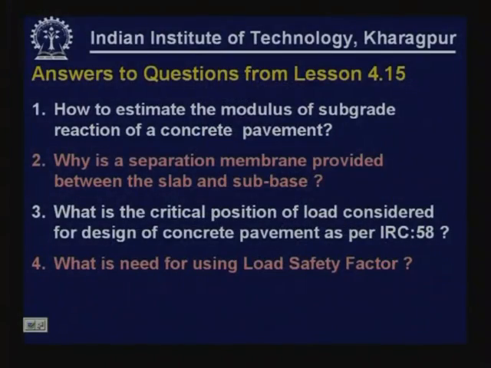Why is a separation membrane provided between the slab and the subbase? If you have understood the procedures that were discussed for PCA and IRC 58 design procedure, many concepts are similar, but PCA does not recommend use of plastic sheet between the subbase and the slab, which would make it to be a smooth interface.